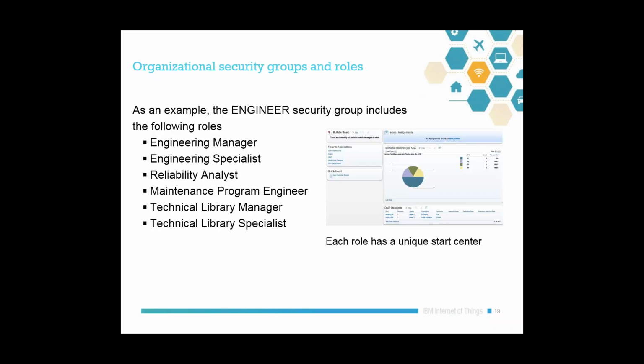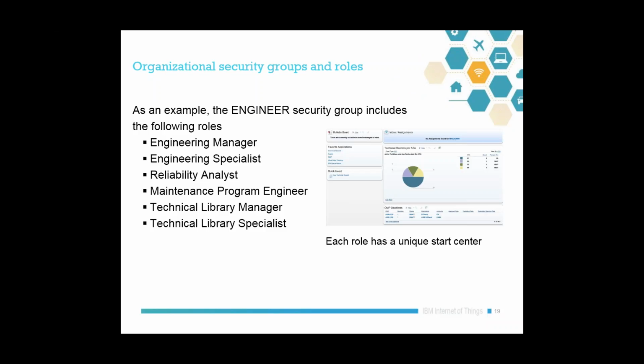For example, if you look at the engineering security group, we have the following roles: engineering manager, specialist, reliability analyst, program engineer, technical library manager, and technical library specialist. For each of those roles, there's a unique start center that will be provided.